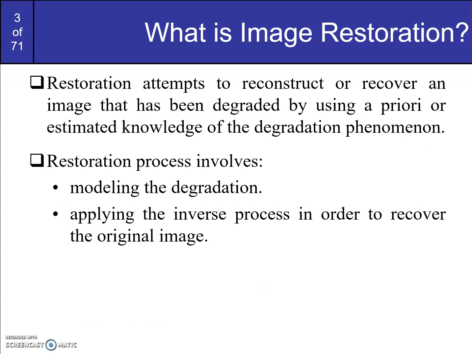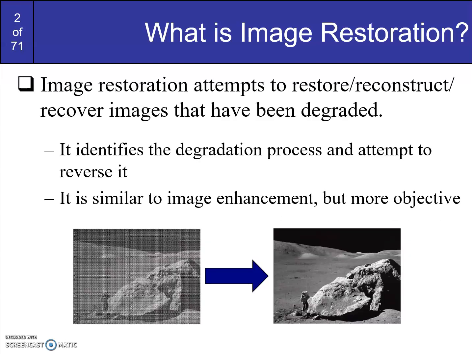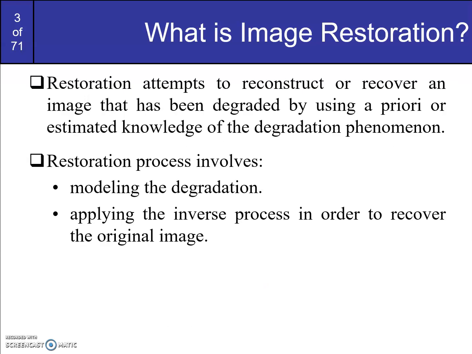So we already talked about this thing, that image restoration is nothing but that we need to restore, reconstruct or recover the image that has been degraded, and once we know the degradation model, we'll try to reverse it. That's all we have talked about till now.